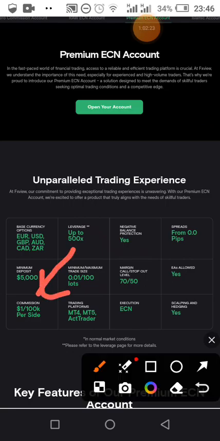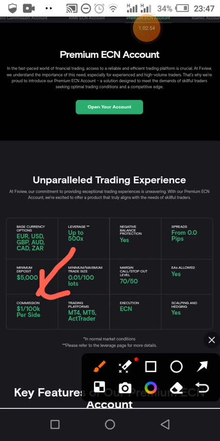What they mean by $1 per 100,000 is that if you open a trade at one standard lot, you will be charged $1 when you open the trade, and then when you close the trade using one lot size, you will also be charged another dollar. That's why it's written $1 per 100,000 per side.